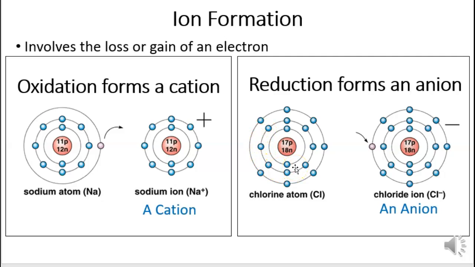So there's 7 left over. So there are 7 electrons in the outermost orbital. To fill the octet rule, it needs to gain 1. So it gains an extra electron. When it does so, it now has 18 electrons, but still only 17 protons. That means more negative charge than positive charge, and an anion has formed.